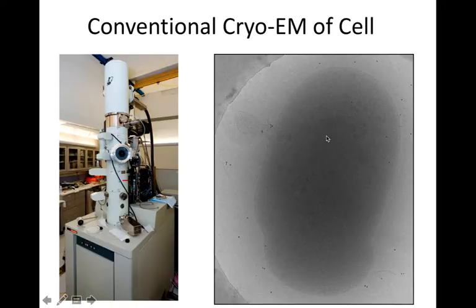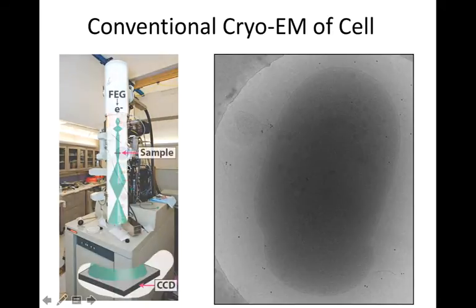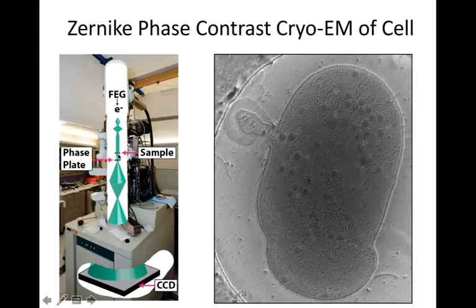This particular bacterium is called Synechococcus, which is a marine bacterium, and the phage we infect it with is not P22, but a marine phage called Syn5.